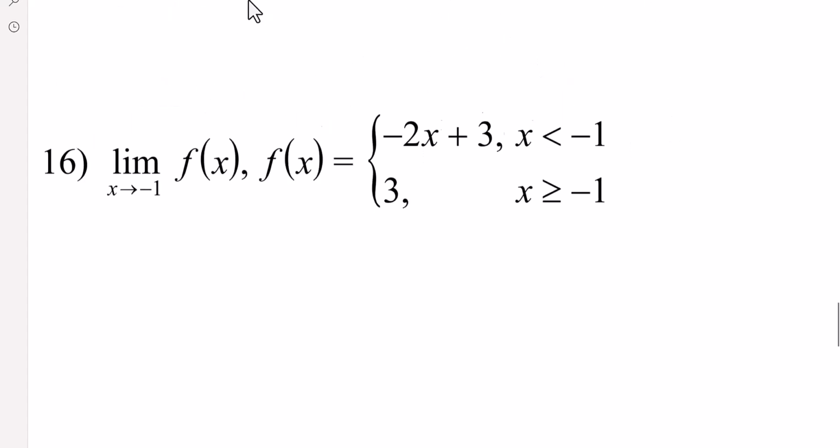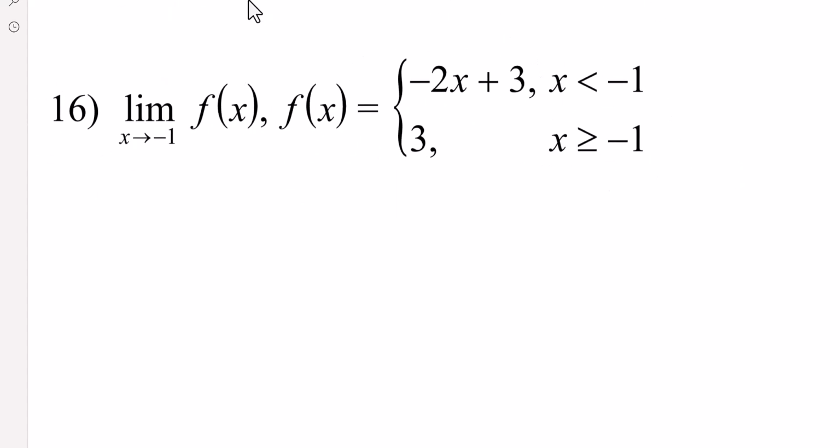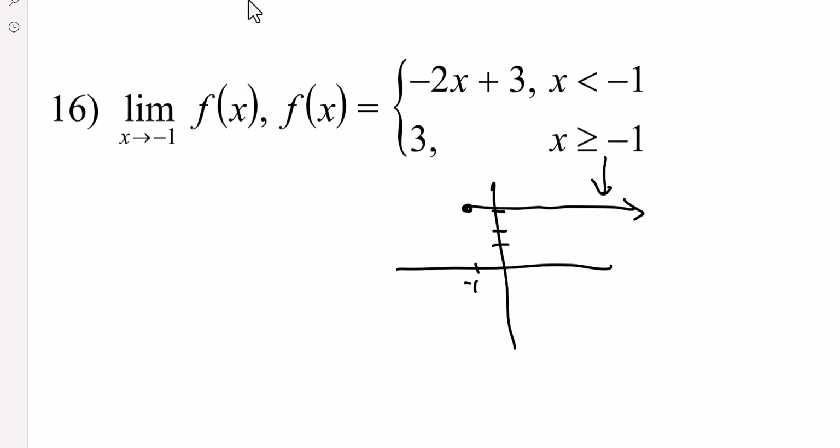And then lastly, we've got a piecewise. So for this function, for all the values greater than or equal to -1, we're at a height of +3. So that's this graph right here. And then for this one, for all the values less than -1, we've got this thing going on.